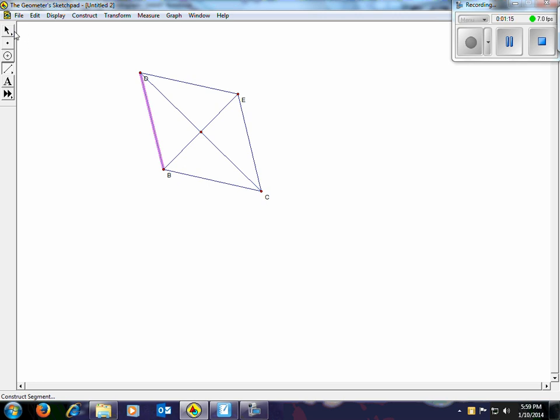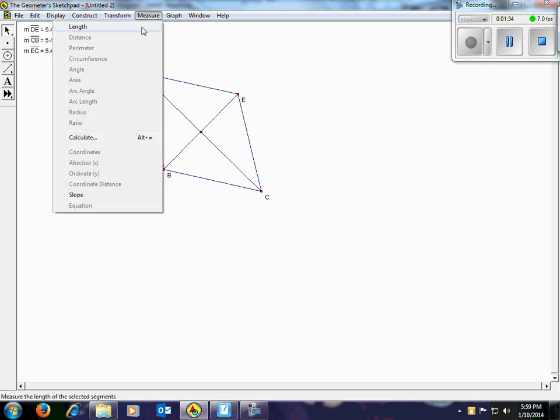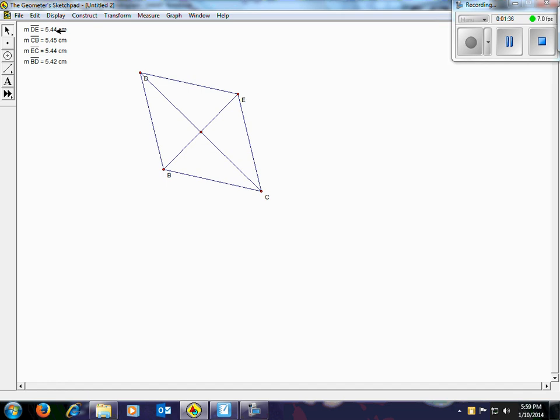So now I'm going to connect my endpoints and give myself some outside line segments. Now, what I'm going to do is show you that if I measure each of these lengths, okay, that is human error. That's why they are off by 0.01 centimeter. But if I measure each of these lengths, they're all going to be pretty darn close to the same thing, which proves to me that if this line is congruent to this line, and this one is congruent to this one, then I'm halfway to a parallelogram.